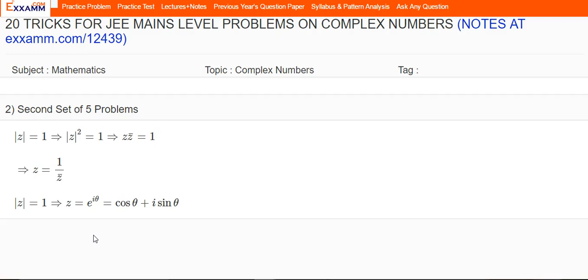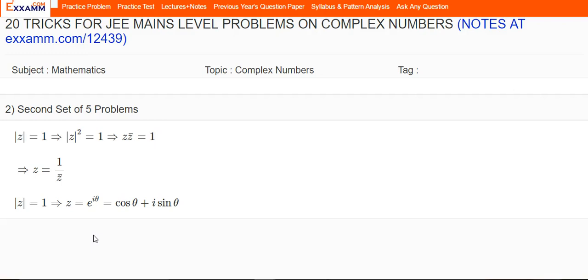But in an exam, when the question involves z being unimodular, we may not immediately think of this. Whenever these kinds of problems come, the most important ways to proceed are z is equal to 1 upon z bar, or take z to be equal to e to the power i theta or cos theta plus i sin theta, depending upon the situation.